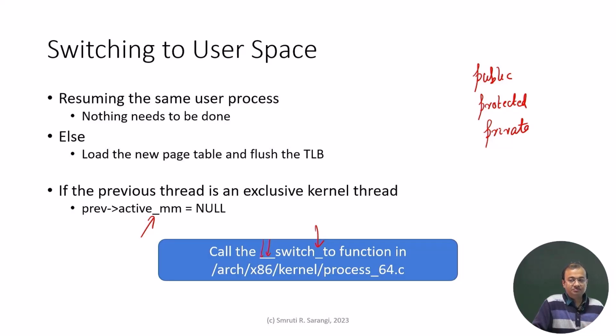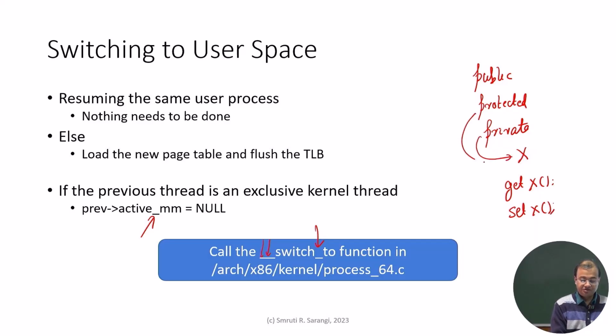But that said and done, in general, variables themselves should not be public. Every variable should be protected with what is called a getter and setter method. In the sense, if the variable is x, then the getter method should be getx, the setter method should be setx, and x itself should either be private or protected, because you don't want variables to be accessed directly. It is very hard to keep tabs on who's accessing the variable.